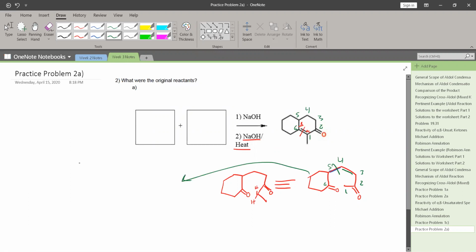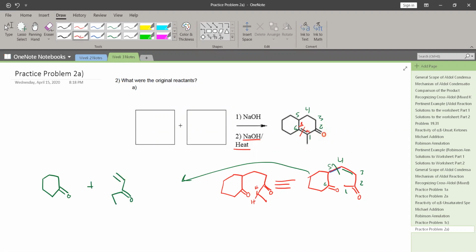So our original products we get is going to be this ketone and this alpha beta, oh, sorry, I forgot this methyl group right here.